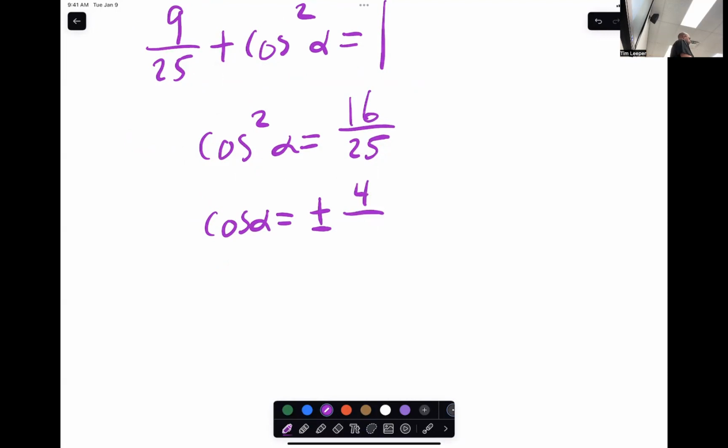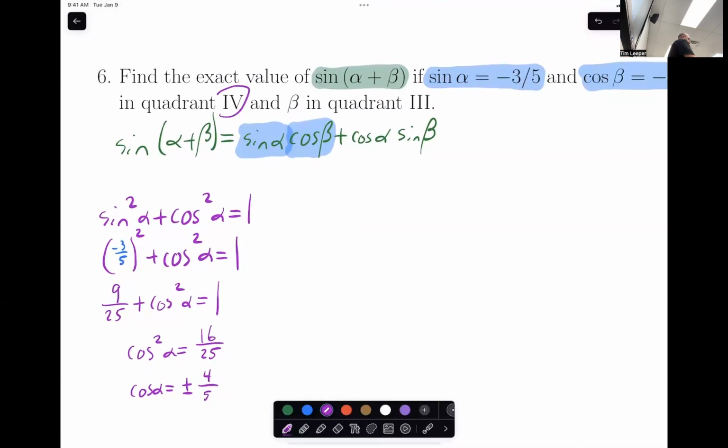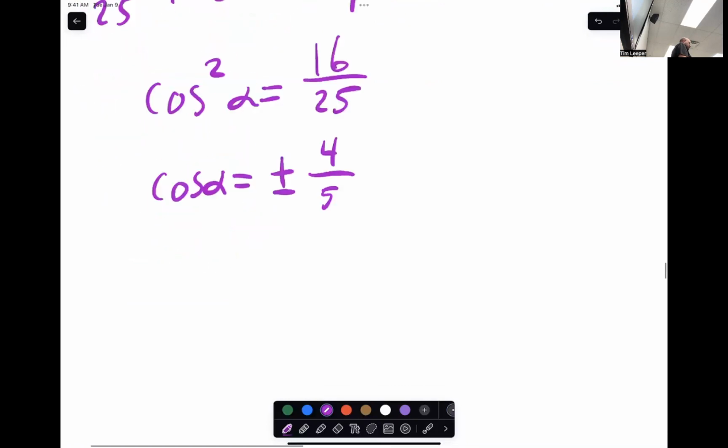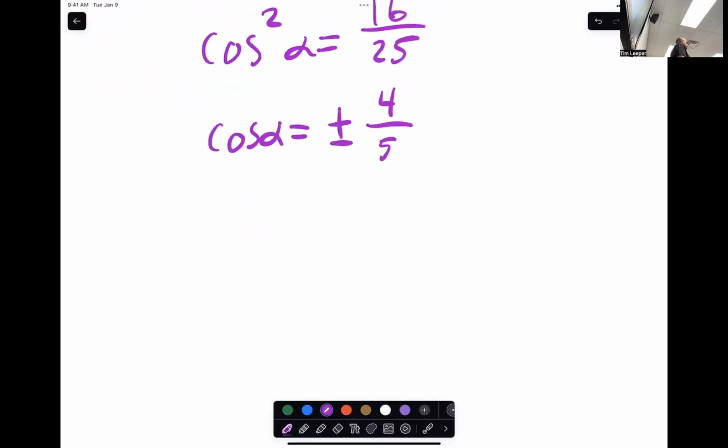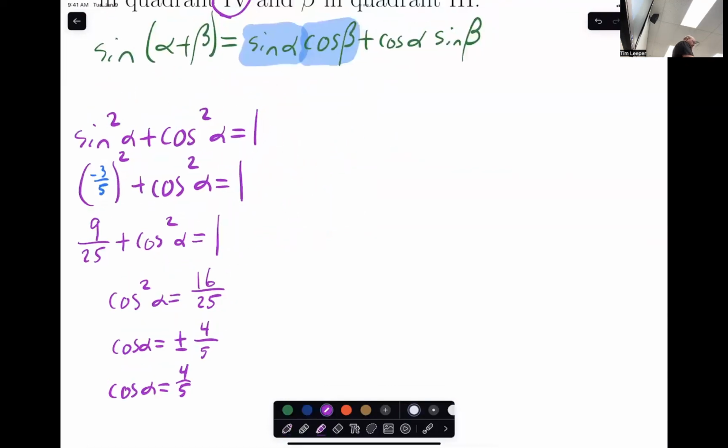Square root of 25 is 5. So cosine alpha is either positive or negative 4/5. To answer which one it is going to be, remember that alpha is in quadrant 4. And we're dealing with cosine here. So in quadrant 4, what is cosine? Positive. It means that cosine alpha will be that positive 4/5 as a result. So now we know cosine alpha right there.